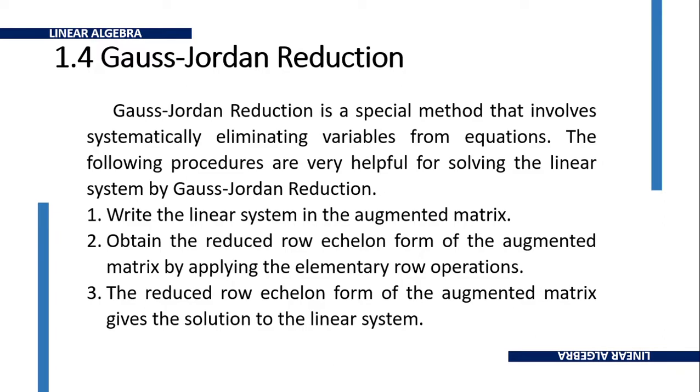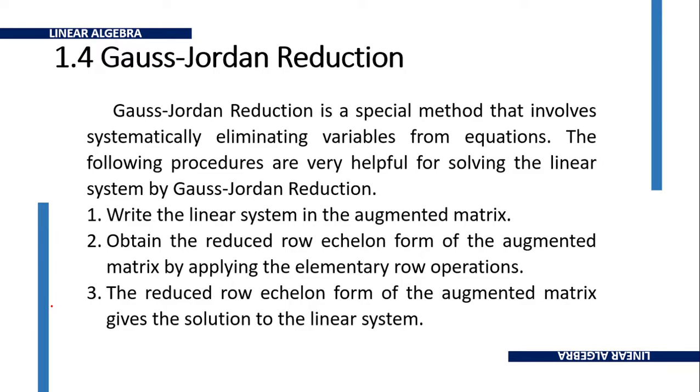So the following procedures are very helpful for solving the linear system by Gauss-Jordan reduction. Okay, so ang goal lang din natin dito class is to get the values of the variables. Parang same lang din dun sa ginagawa natin before, but dito ito ang gagamitin natin, Gauss-Jordan reduction. Okay? So number 1, these are the steps or procedures in solving a linear system using Gauss-Jordan reduction.